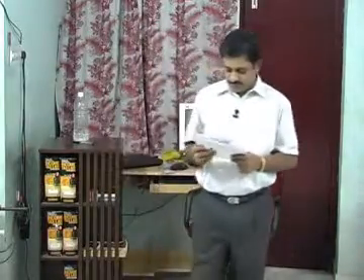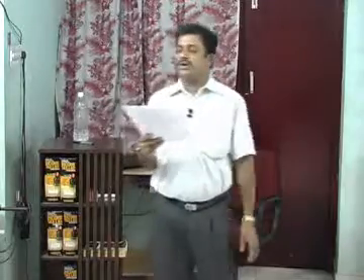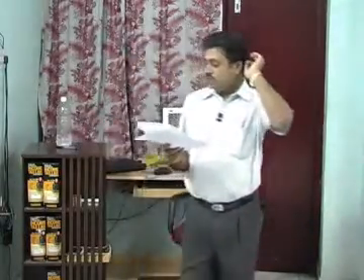Straight away I can put it to the capital reserve. Friends, make the posting in the 10% debentures account: to debenture redemption account 95,500, to capital reserve 4,500.